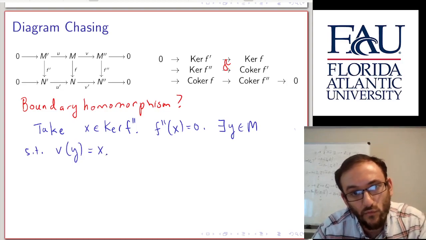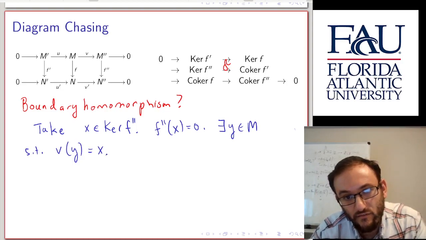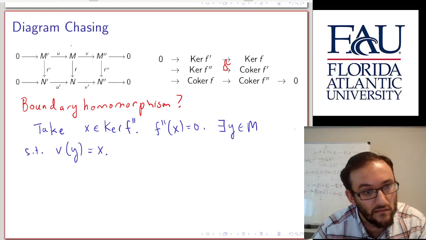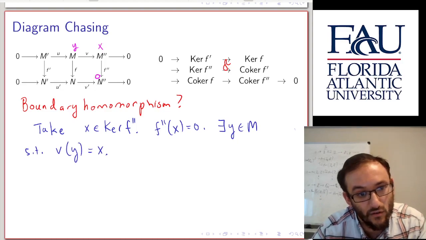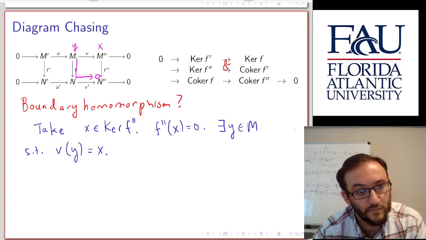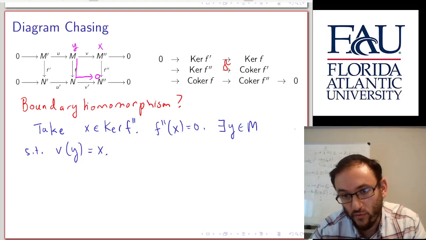Okay, well, now we can do some diagram chasing, follow where a given element goes in this complex. So if we have y over here, goes to x over here, which goes to 0 over here, so it should go the same this way. And furthermore, we know that the diagram commutes.